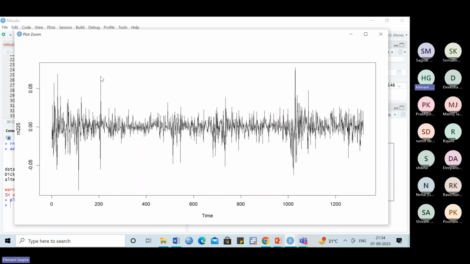Now you can observe that this spike is depending on its immediately previous spike. Because the previous one is also a large one, it's not a small one. And over here, the small one is depending on its immediately previous spike. So the ARCH effect is there. ARCH is saying that all the volatility is depending on its past.